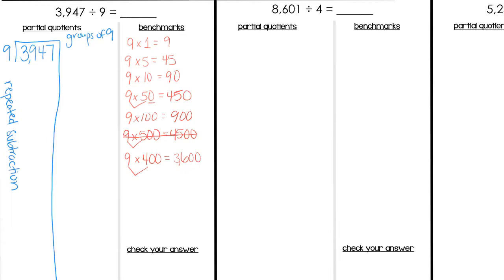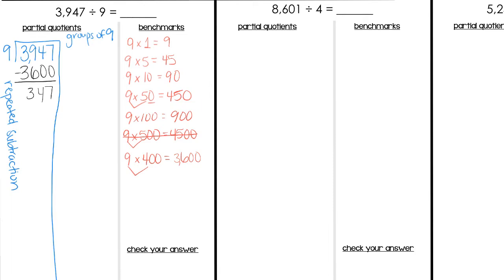So I'm going to take away 3,600. 7 minus 0 is 7. 4 minus 0 is 4. 9 minus 6 is 3. And 3 minus 3 is nothing. That's awesome.